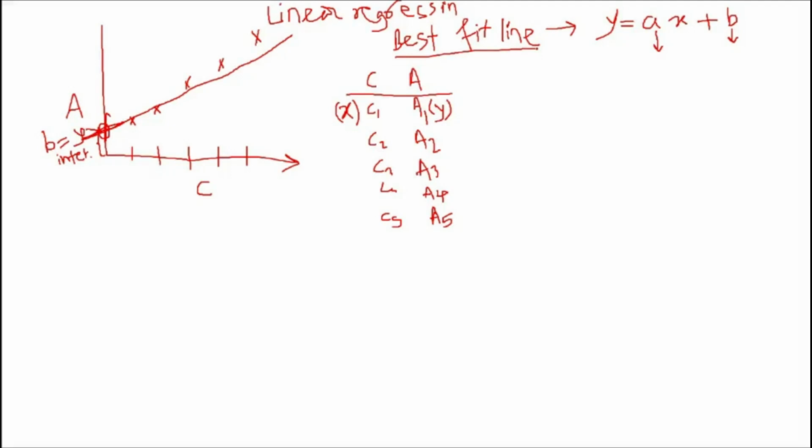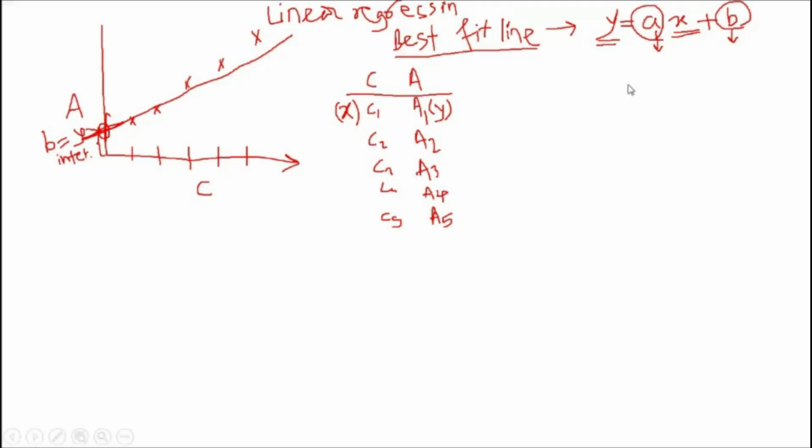When I want to find out the equation of the best fit line, y is the y coordinate, x is the x coordinate. So what I need to find out? I need to find out the slope of that line and the y-intercept of the line.